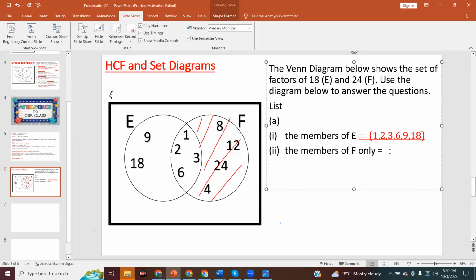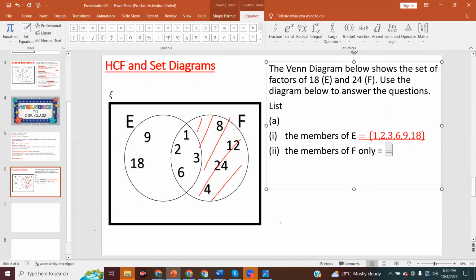For this one, it's going to be equal to curly brackets 8, 12, 24. I would put 4 first. So 4, 8, 12, and 24.